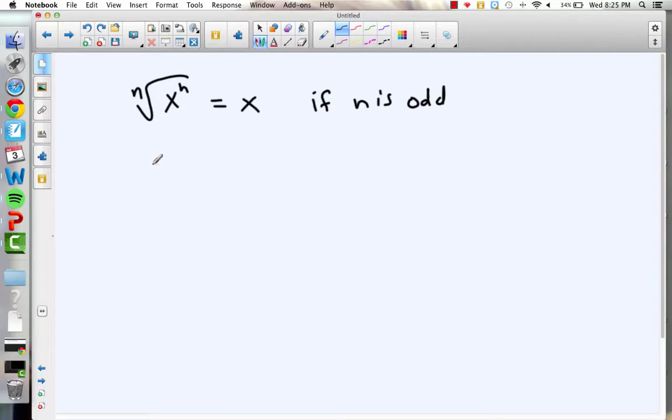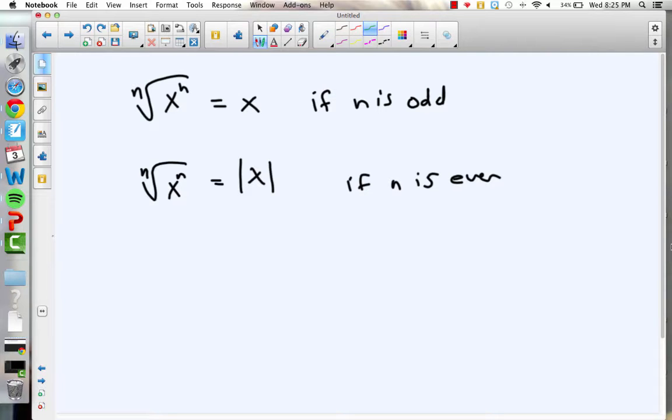So what basically happens is that the nth root and the power, the n, they cancel out, and you're just left with your base. Okay. If you have that same thing, but your n is even, then it equals the absolute value of x. So it just depends on if the index is even or odd.